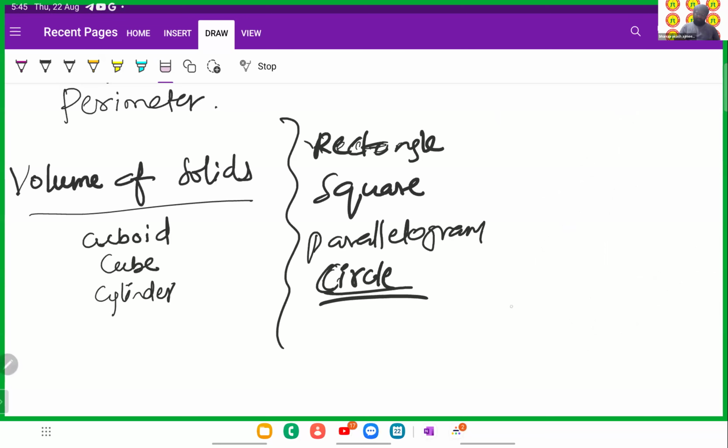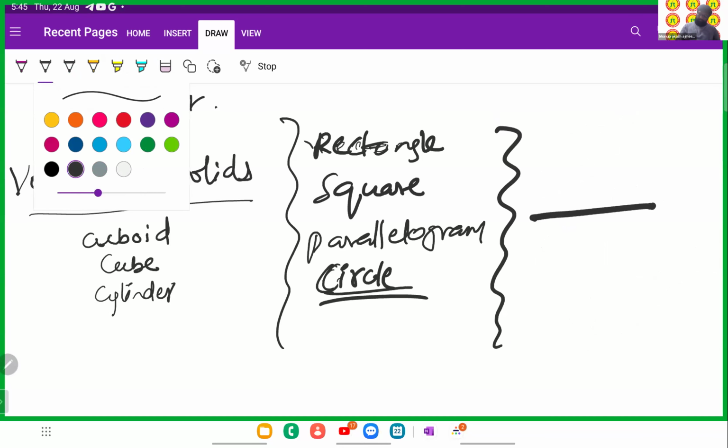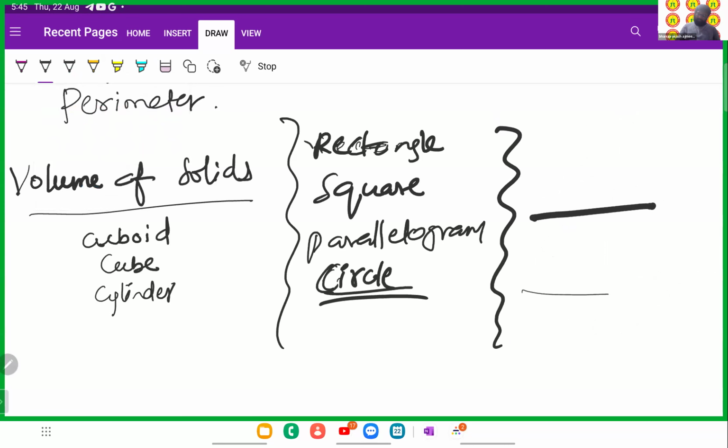Let me draw it. This is a closed surface, let us take a rectangle. This is length.